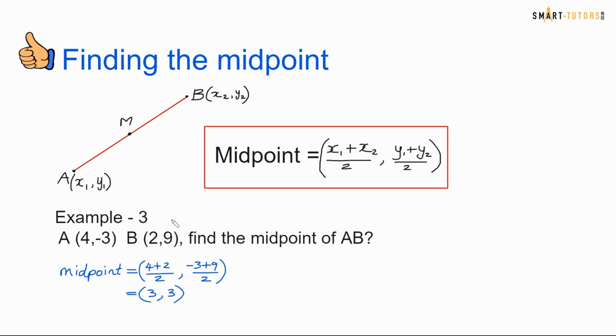Just have a look at example 3. Coordinate A is (4, -3), B is (2, 9). Find the midpoint of AB. Midpoint x coordinate: 4 plus 2 is 6, divided by 2 is 3. Minus 3 plus 9 is 6, again 6 divided by 2 is 3.